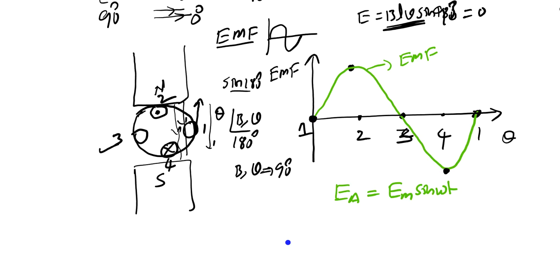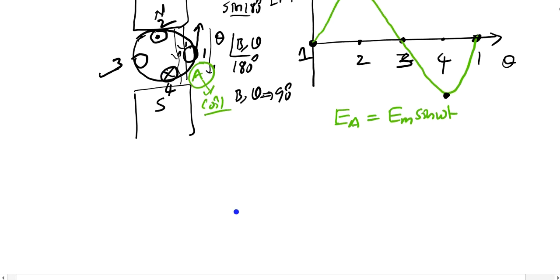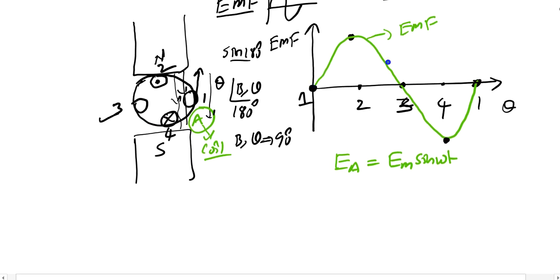Here you can say this because we have taken only a single conductor coil. Assume it is a coil, a single conductor coil. For that single conductor coil, we are producing one sinusoidal signal.